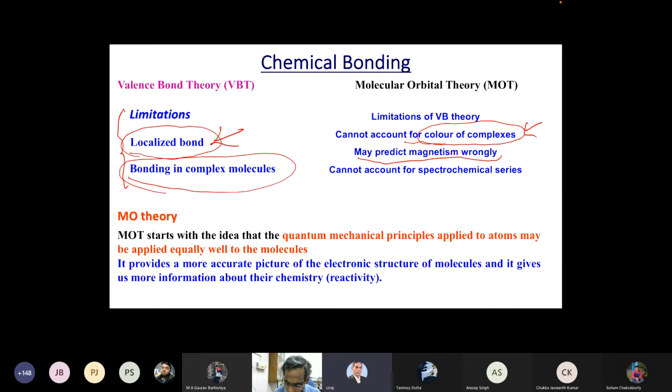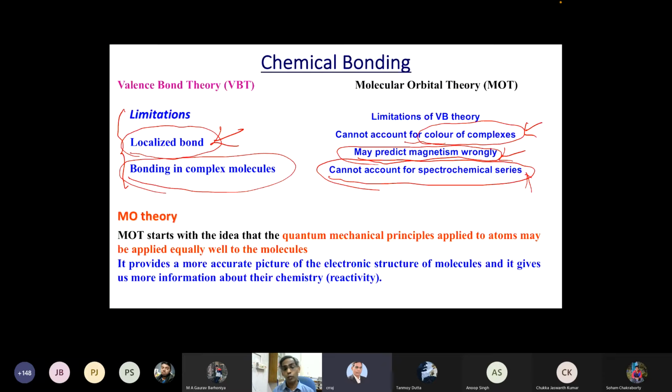It may predict magnetism very wrongly. The actual property may be diamagnetic, but valence bond theory will say it is paramagnetic. More importantly, you cannot explain the spectrochemical series with valence bond theory.